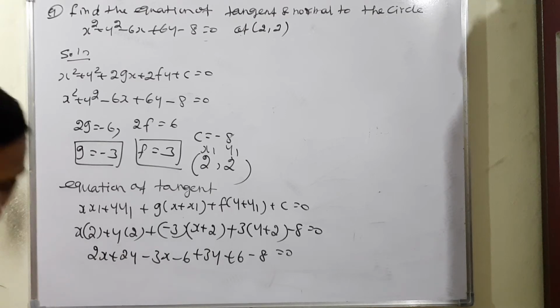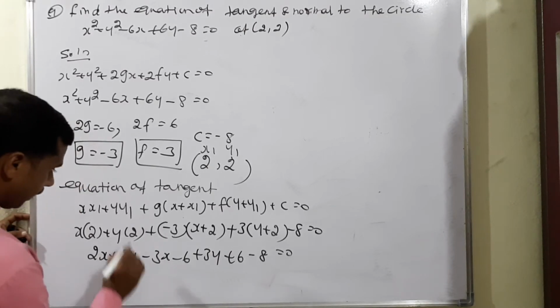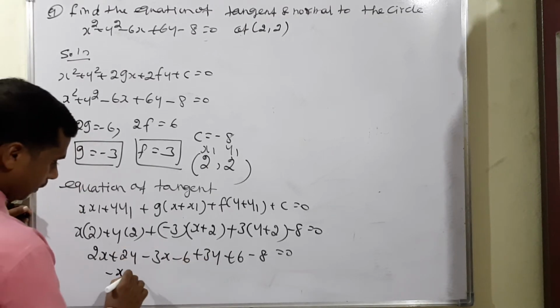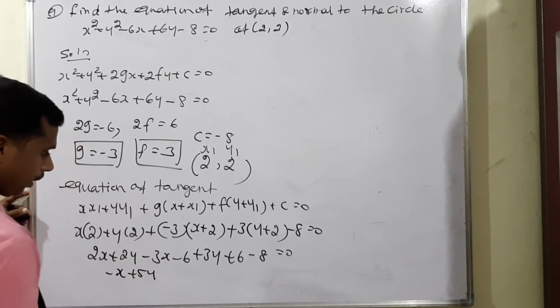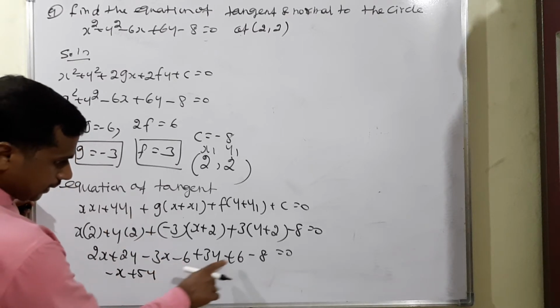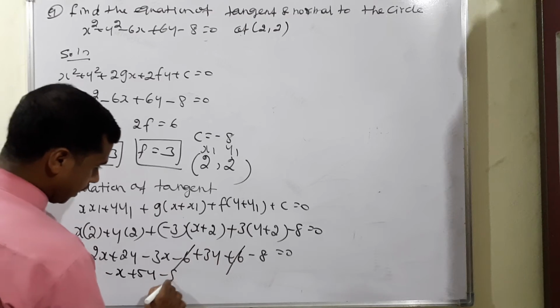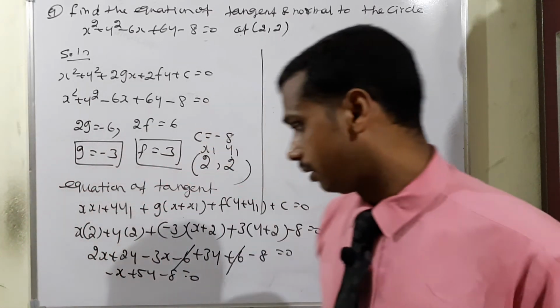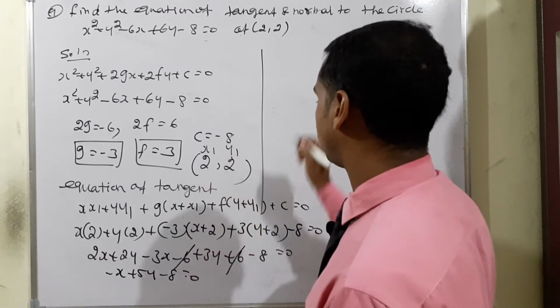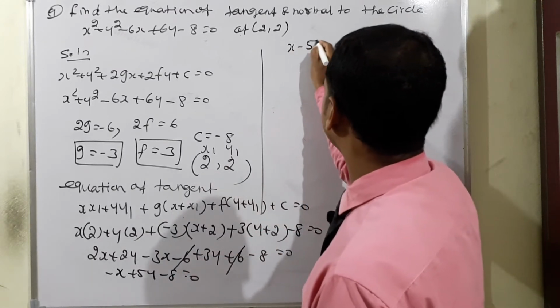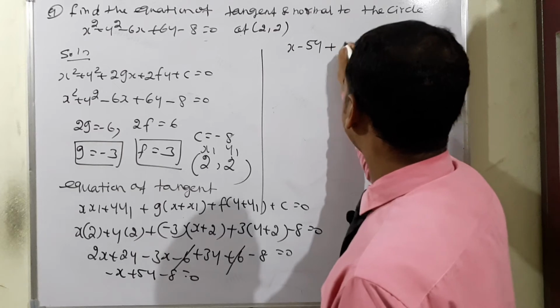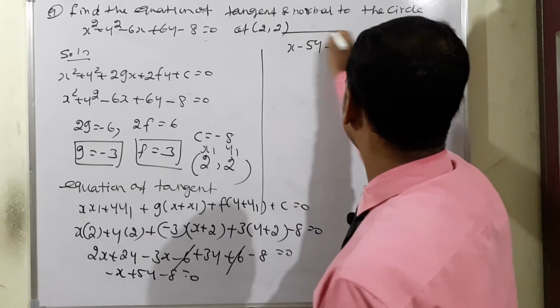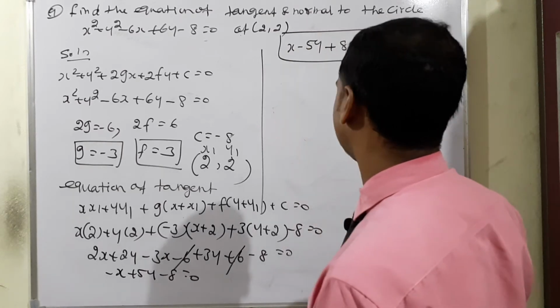So 2x minus 3x means minus x, plus 2y plus 3y means 5y, then the constant minus 6 we can cancel with positive 6, therefore minus 8 is equal to 0. So the equation of tangent, starting with the negative sign, we can write it as x minus 5y plus 8 is equal to 0. This is the equation of tangent.